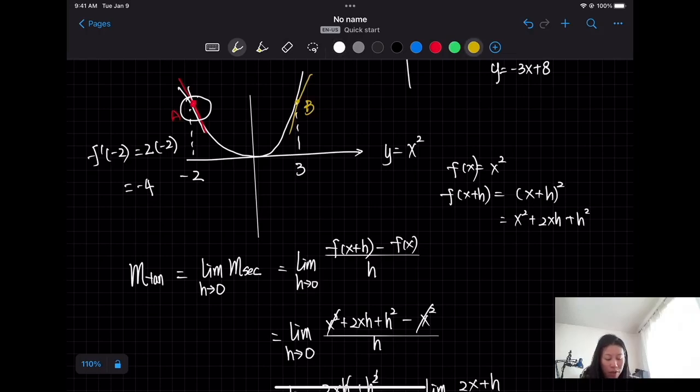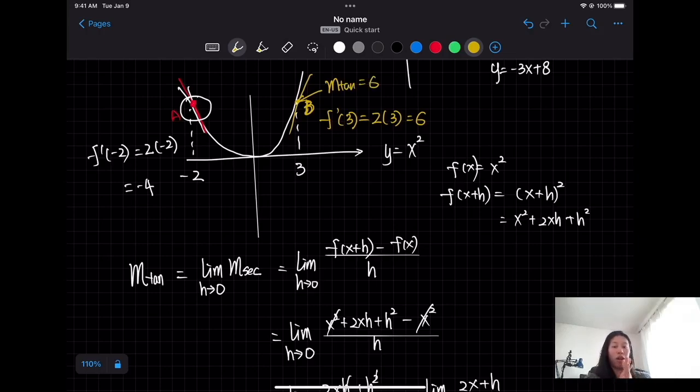And then what about point B? B is at 3. So f prime of 3 equals 2 times 3, which is 6. So the slope of the tangent line at point B equals 6.